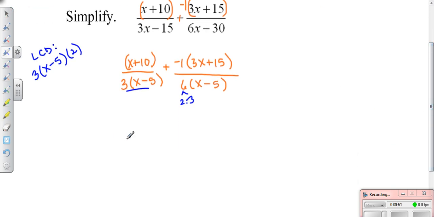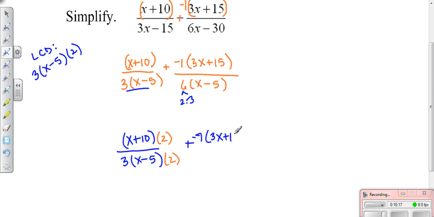So now I'm going to go ahead and multiply this first fraction times what I need to make the least common denominator, which is going to be a 2. Top and bottom is all I'm missing out of my factor list. Plus, I've got this negative 1 times 3x plus 15.